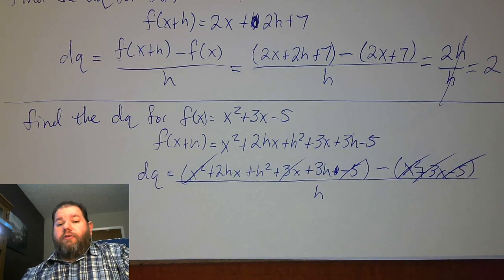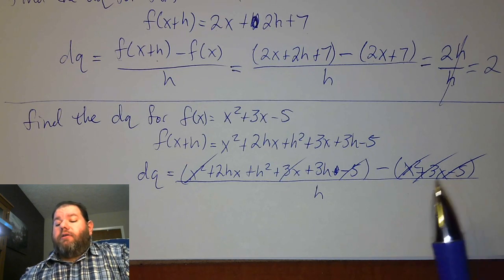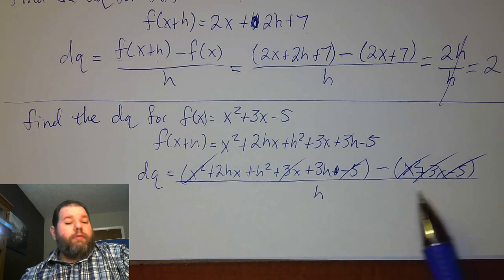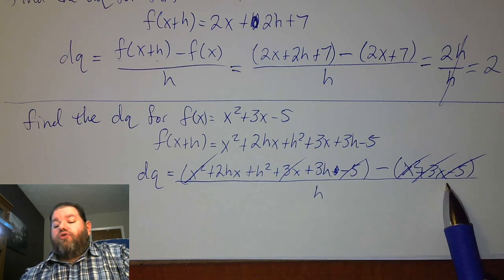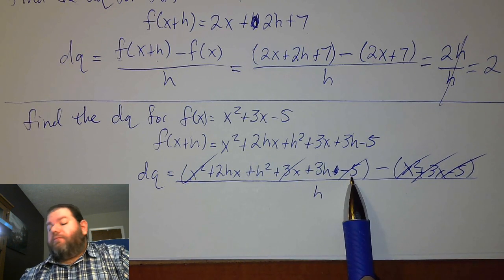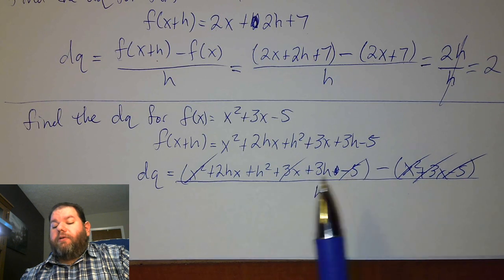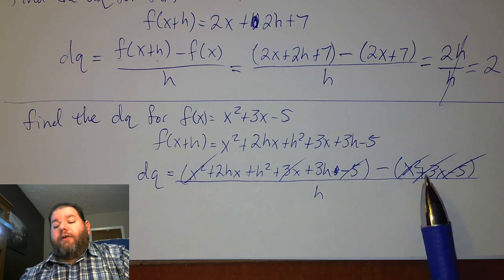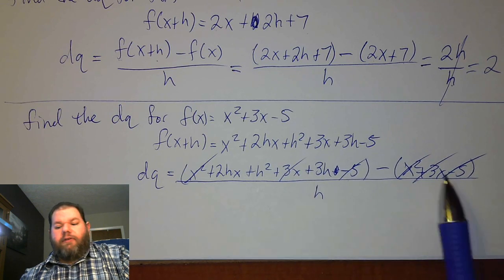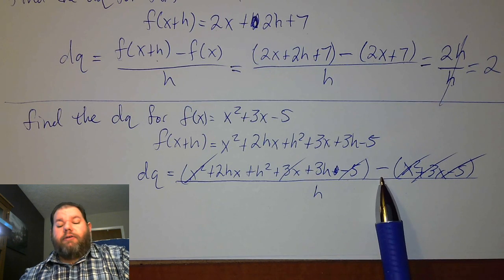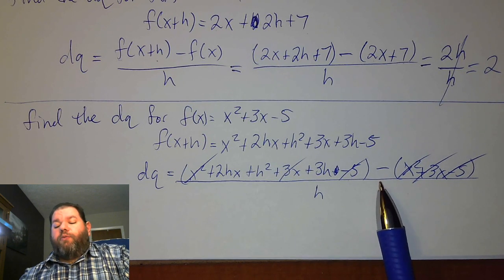Now, what we notice happens, and this is actually true for every polynomial that we use, is the original polynomial f of x, all of those terms, however many they are, should cancel out with terms from this expression. So x squared, 3x, and minus 5 should cancel out with x squared plus 3x minus 5, because that's being subtracted. So by subtracting itself, it cancels out.